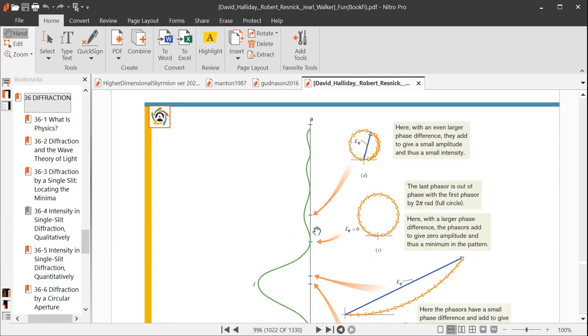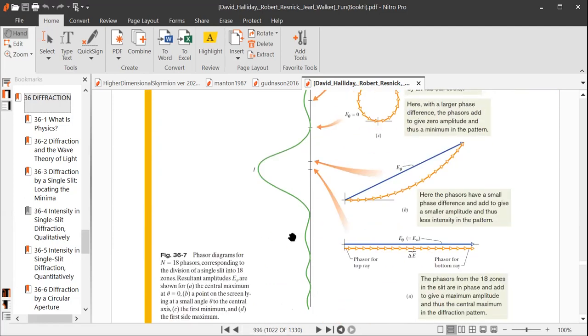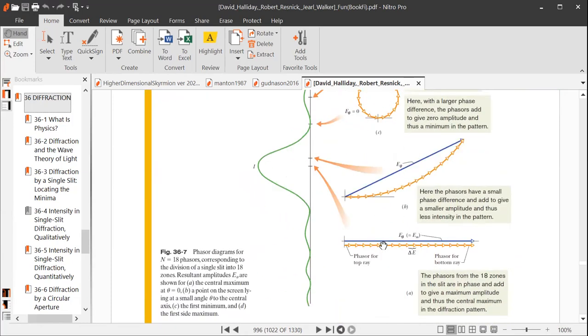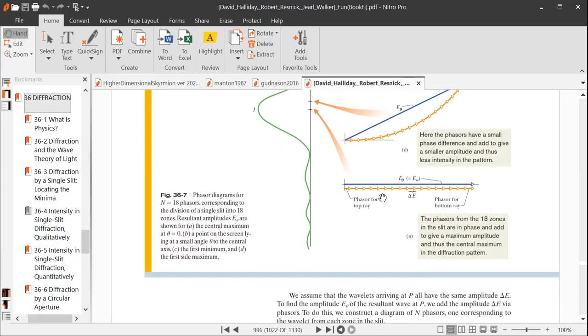This is the picture of the sinc function, sin x over x. The phasors have the same phase, and in general it is an arc, part of a circle.